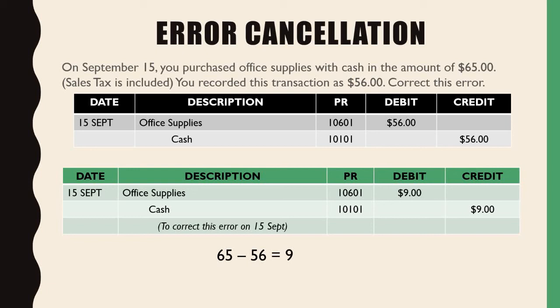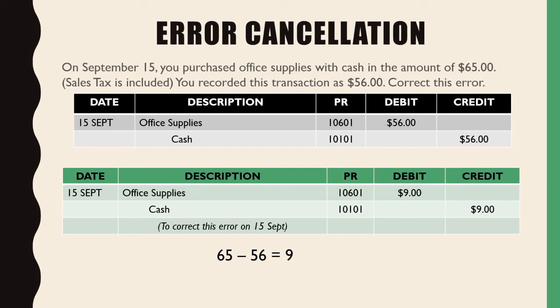Okay, so now if I had my little ledger, which I'll talk about in a second, my office supplies is going to be $65, and my cash that I spend is also $65.